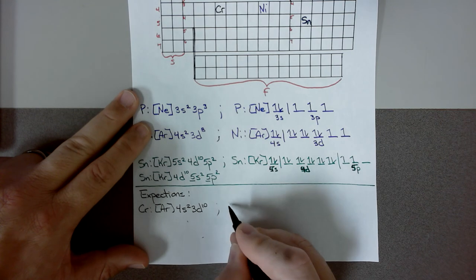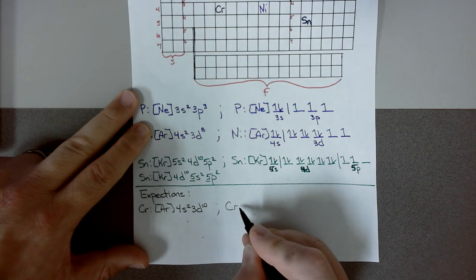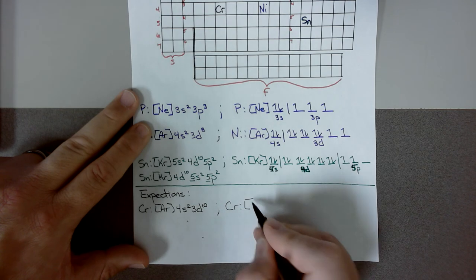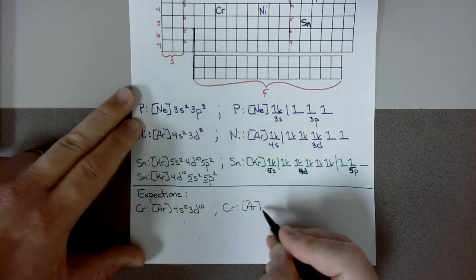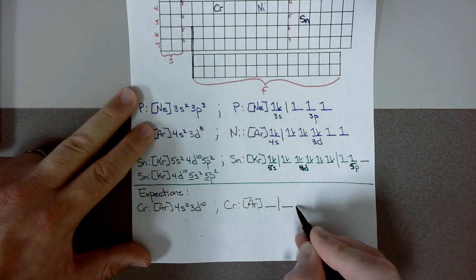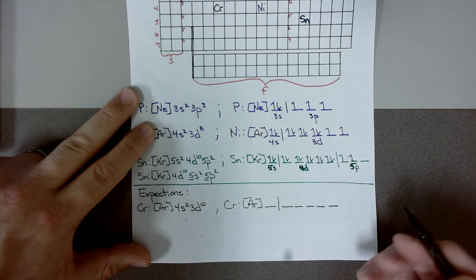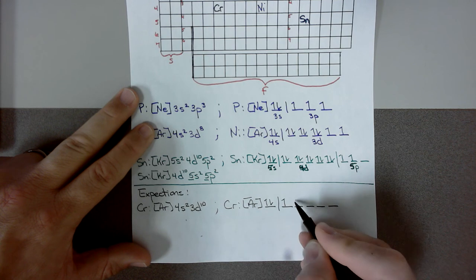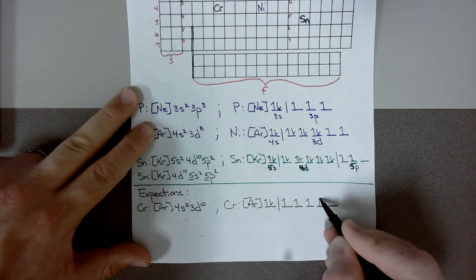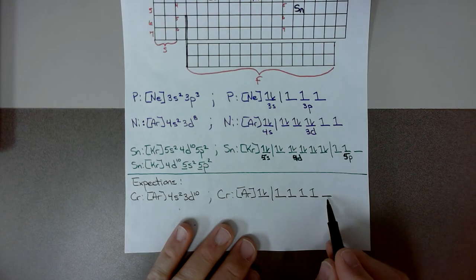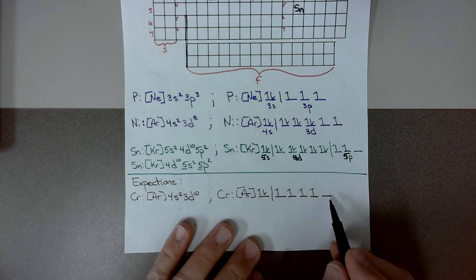So when I do my orbital diagram, sorry, I did electron configuration first, then I'm going to do the orbital diagram. So I have argon, and then we have the 4s, and then the 3d. So 1, 2, and then 1, 2, 3, 4. Now what we have here is, you notice that there's an empty orbital over here, and atoms like to have some orbital stability.